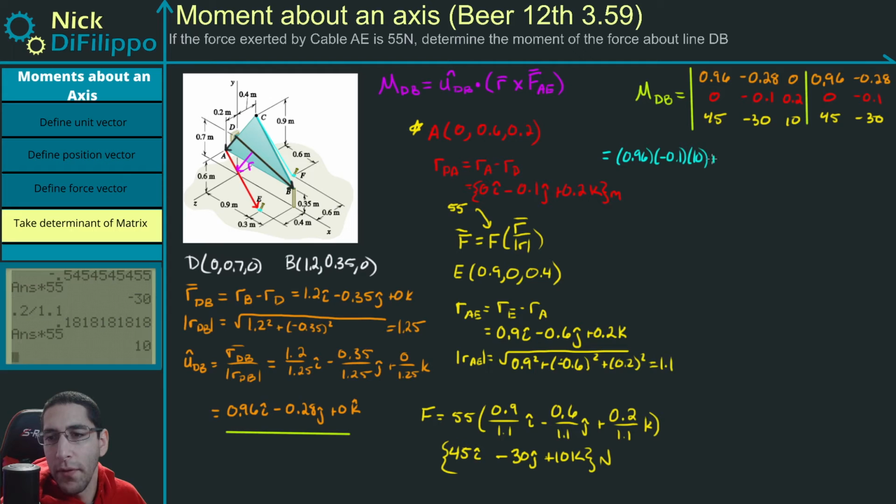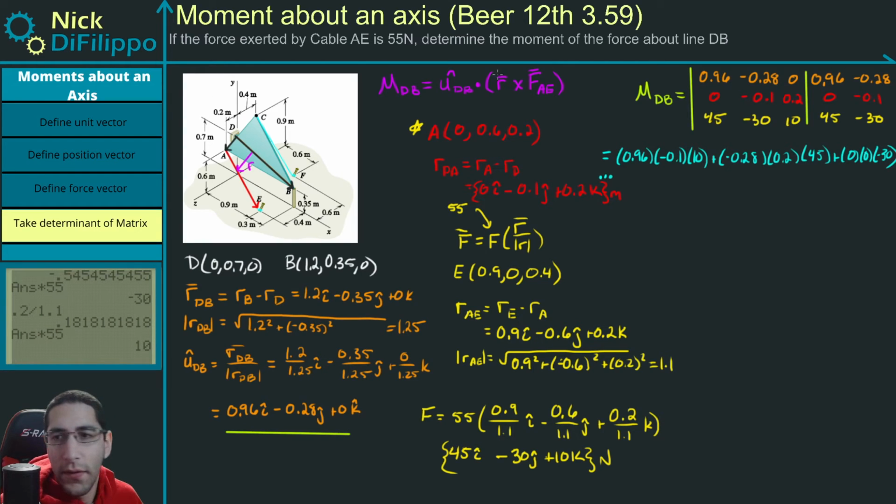Then I'm going to have plus minus 0.28 times 0.2 times 45. That's this diagonal. And then the final diagonal is 0 times 0 plus 0, 0, and minus 30. And that might just be a little off the screen.